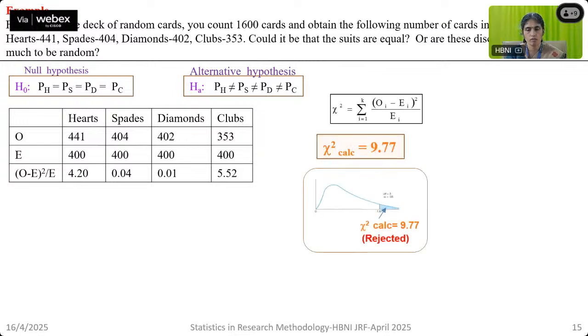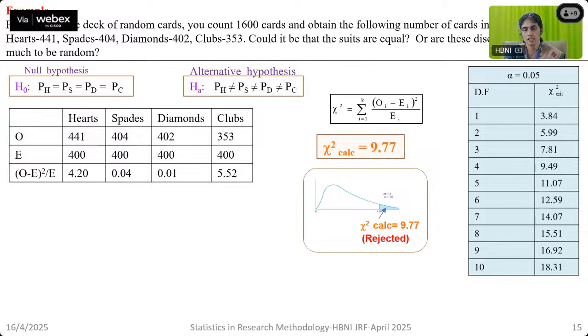The expected frequency is the ideal case where each suit has 400 cards; the total is 1600, equally divided. Whereas only 353 clubs are obtained when one is randomly picking. Whether this is due to random variation or the suits are not equal, that is what we are trying to evaluate. Here is the critical data table for the chi-square function.